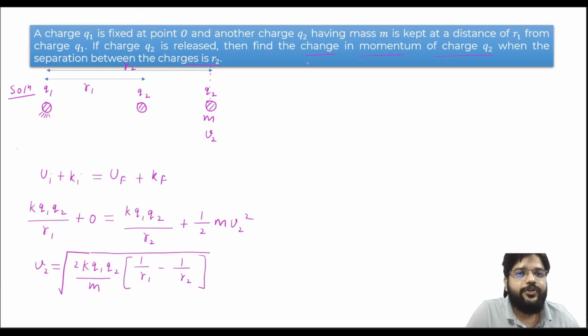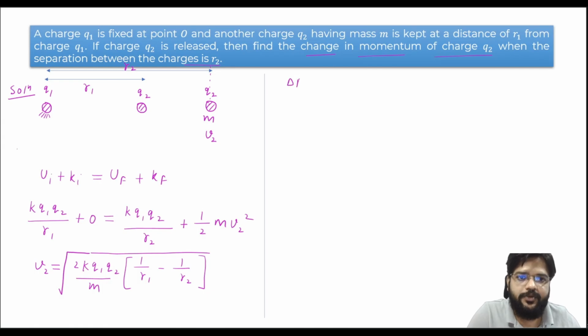So here in this question we want the change in momentum, everyone. So let's see what we can do next. Change in momentum can be written as what, everyone? This is final momentum minus initial momentum, correct? So the final momentum of this Q2 charge is m V2 and initial is 0, everyone, because it is in rest condition.